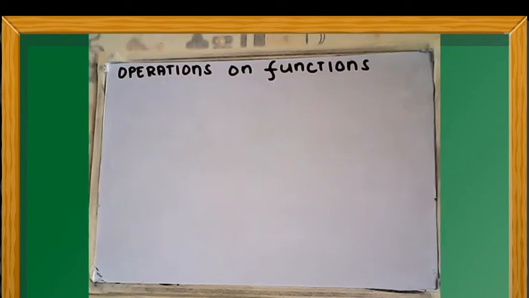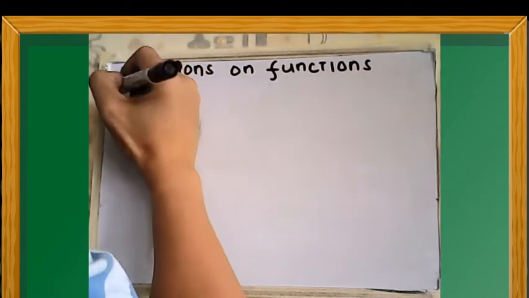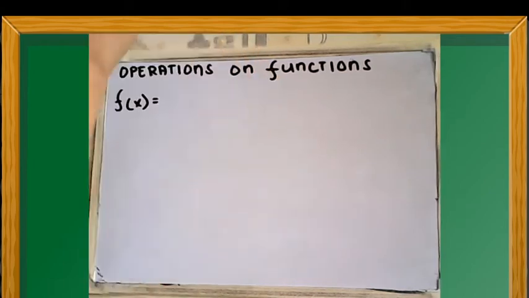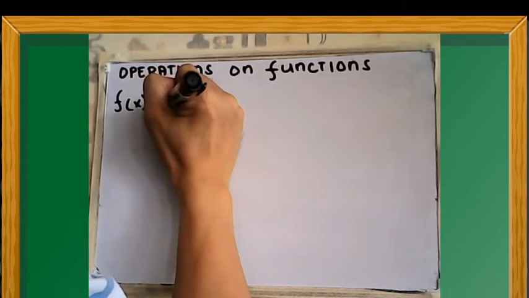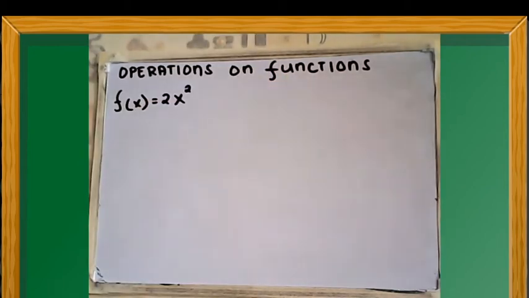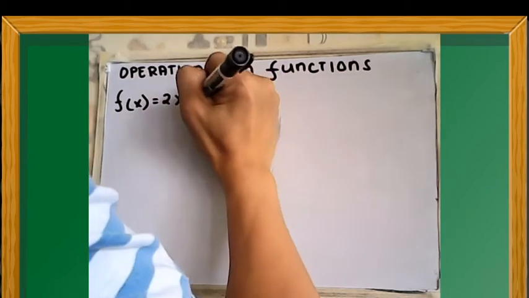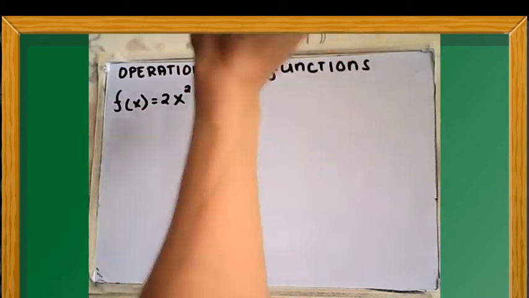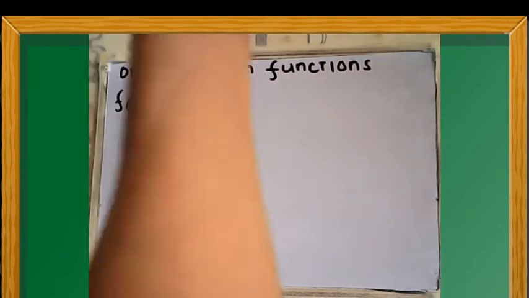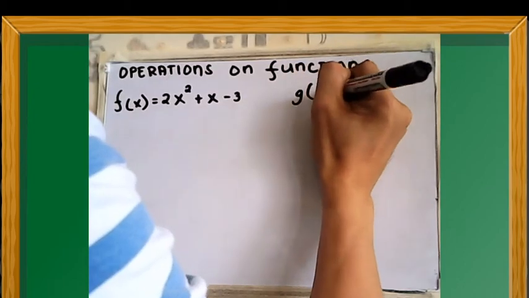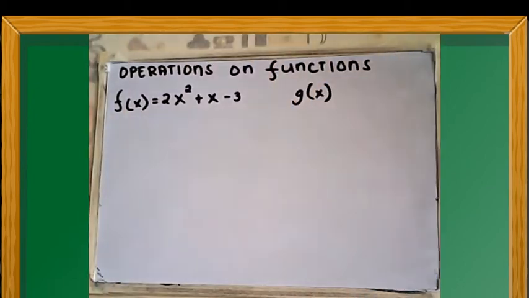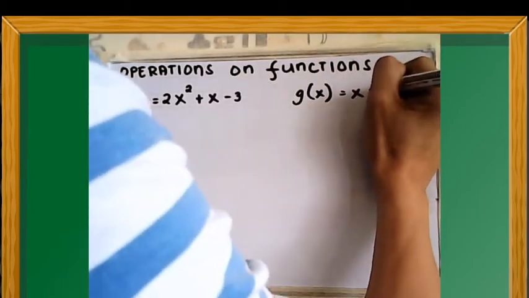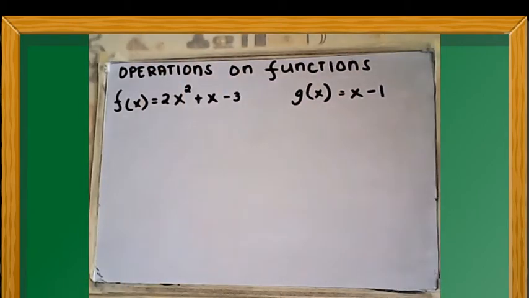For example, the first function f of x is equal to 2x squared plus x minus 3. And then the other function is g of x is equal to x minus 1.